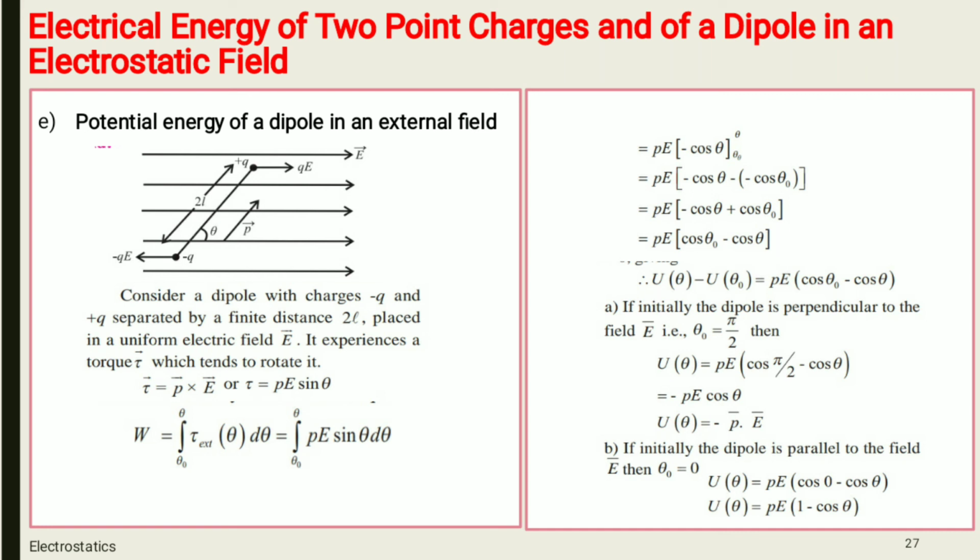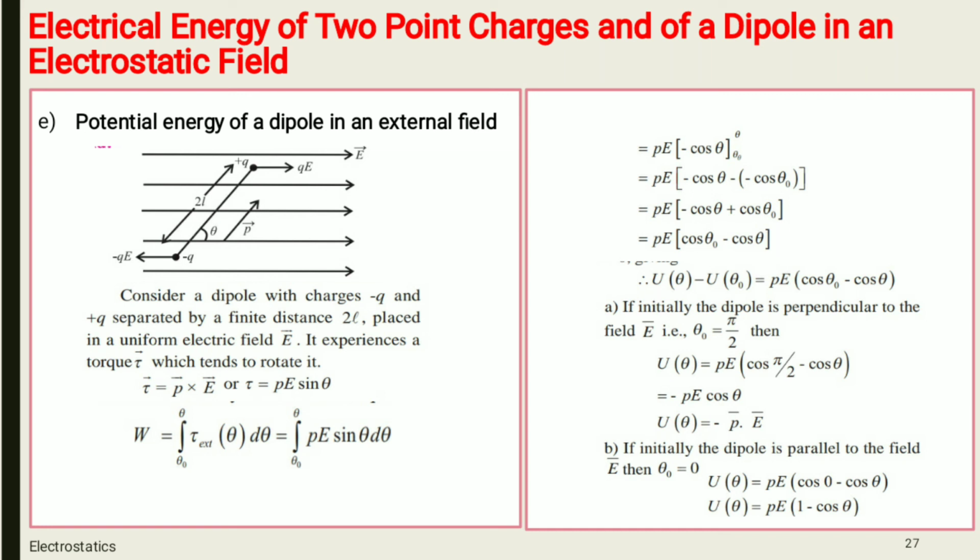At the initial state, if the dipole is perpendicular to the field E, then what will theta 0 be? Pi by 2. Then U(theta) will be p E cos pi by 2 minus cos theta, which is equal to minus p E cos theta.